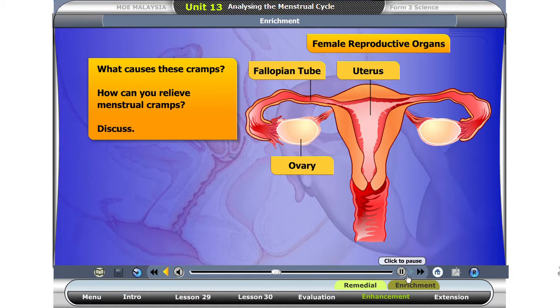Menstrual or period cramps is one of the most common uncomfortable sensations women may have during menstruation. Painful menstruation is accompanied by either sharp, intermittent pain or dull, aching pain, usually in the pelvis or lower abdomen.